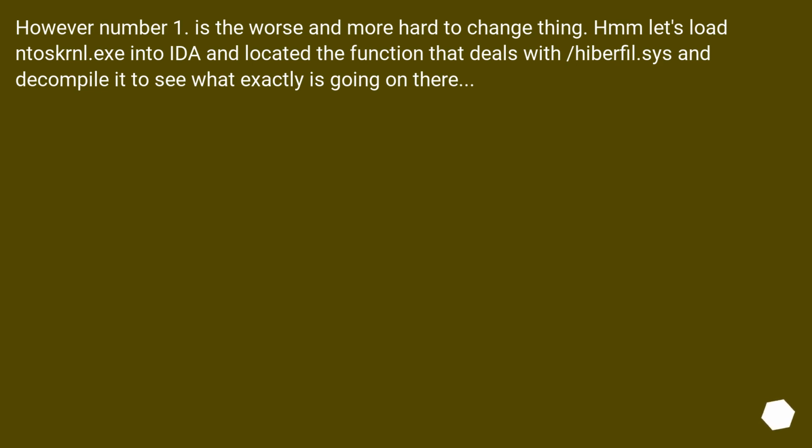However, number 1 is the worse and harder thing to change. Let's load ntoskrnl.exe into IDA, locate the function that deals with /hibernate.sys and decompile it to see what exactly is going on there.